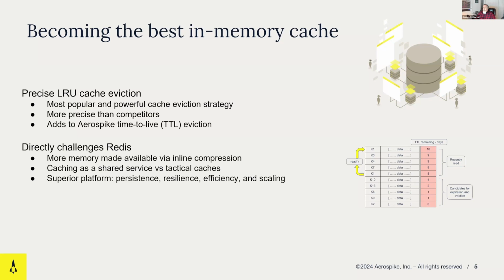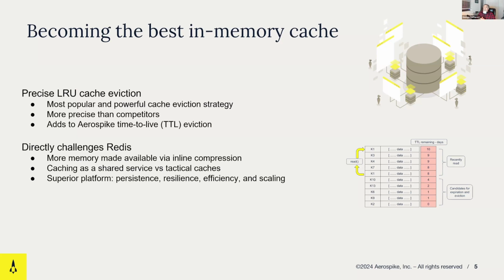Redis is obviously very popular as a cache, and they have been for a while. We approach the problem perhaps a little bit differently. I think the high availability, the lots of persistence options, lots of deployment options.